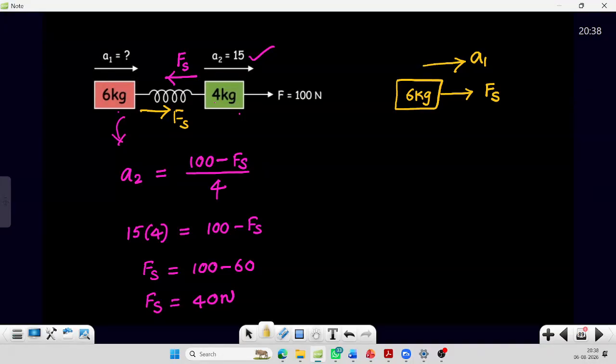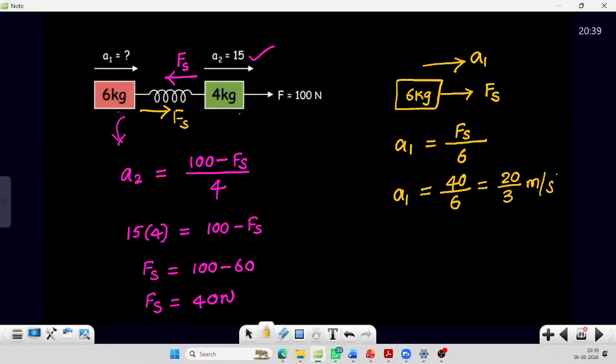Now we can write the acceleration equation: A1 equal to Fs by 6. Fs value is 40, so 40 by 6, which will be equal to 20 by 3 meter per second square. Understood?